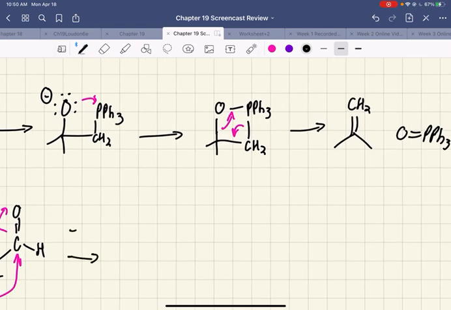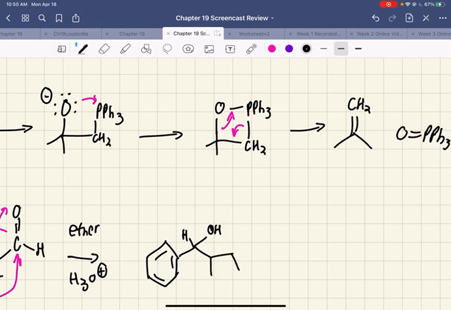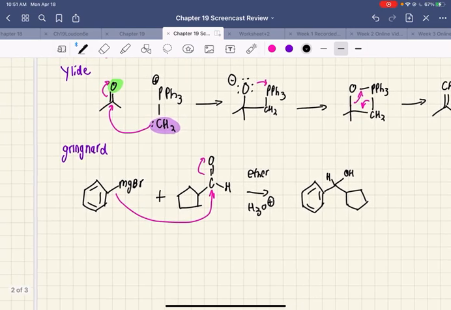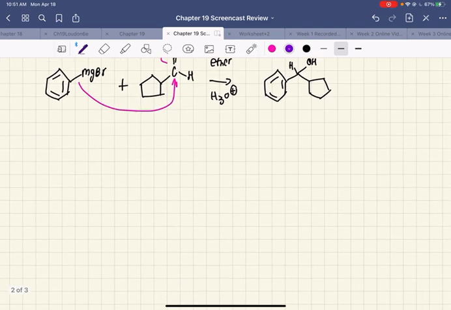And the ether solvent and hydronium ions. That's the Grignard. Now we'll go over organolithium.